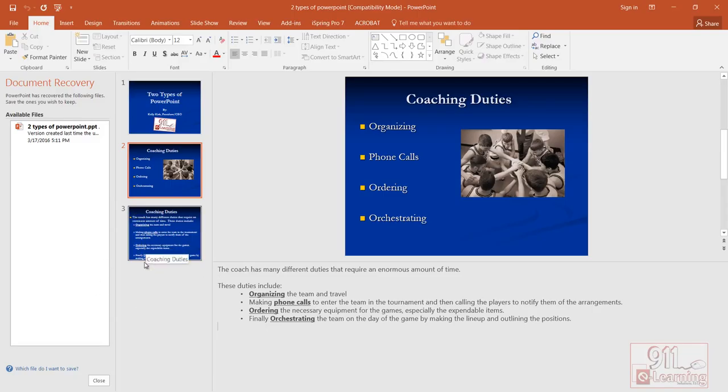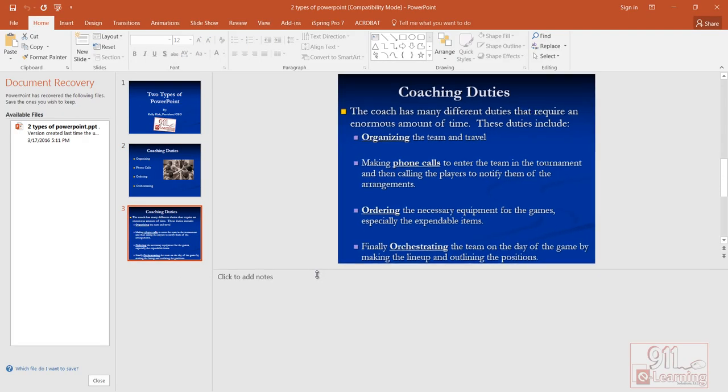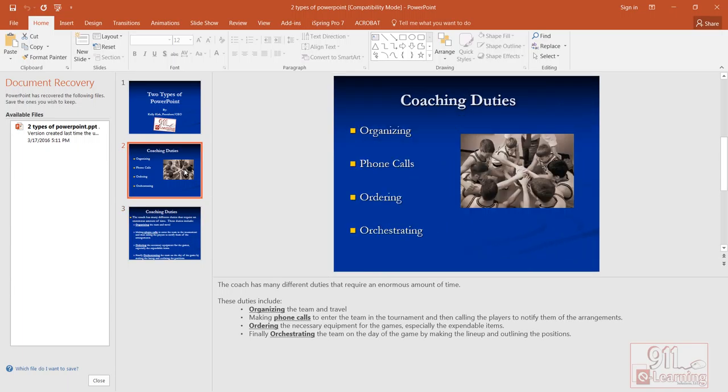So again, two different types of PowerPoints. You have the traditional PowerPoint as you see here. You have the self-study or the online type, which is here. The traditional PowerPoint has one or two bulleted items, one or two words per bullet, and it's designed so the instructor can stand up and read from each one of these slides.